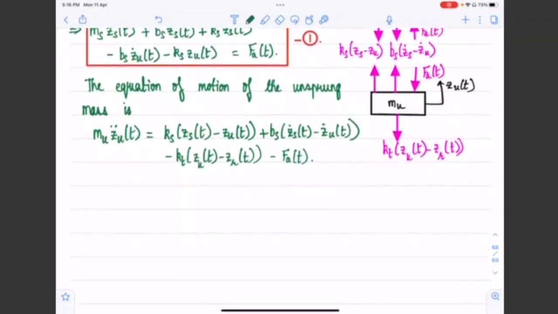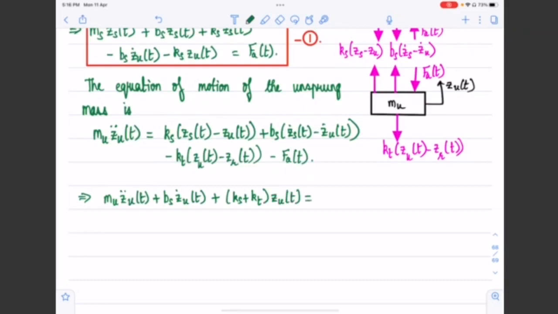All right, now we are just going to rewrite this equation as the following. This will give us mu times Zu double dot (t) plus Ds times Zu dot (t) plus (Ks plus Kt) times Zu(t). I'm not going to write equal to yet; you will understand why I'm writing it this way.